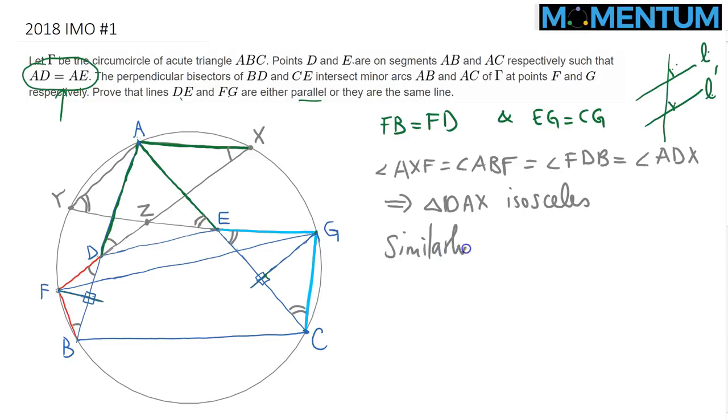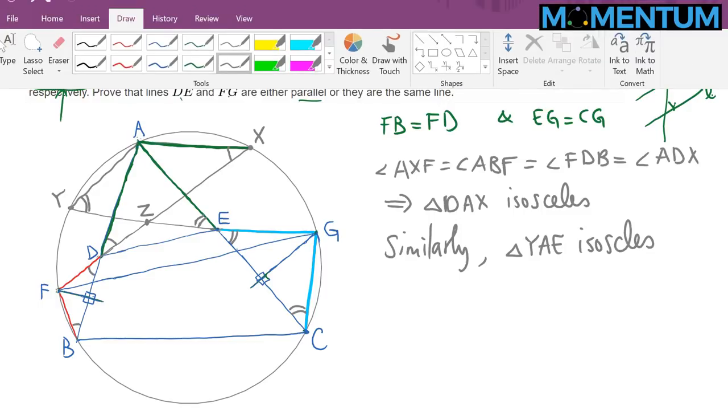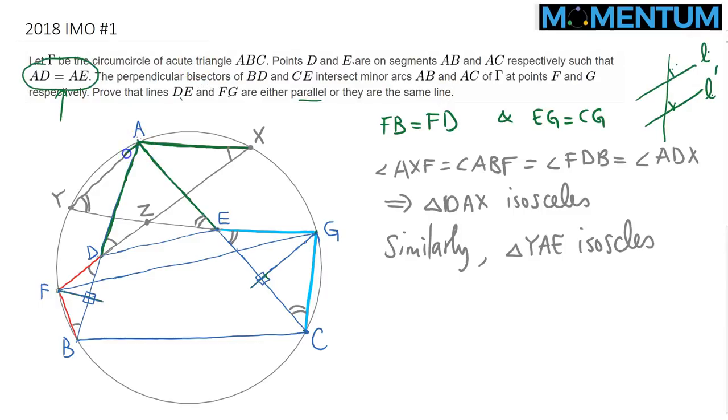So similarly, we get that triangle YAE is also isosceles. As such, AE is equal to AY as well. Another green congruent segment, right?